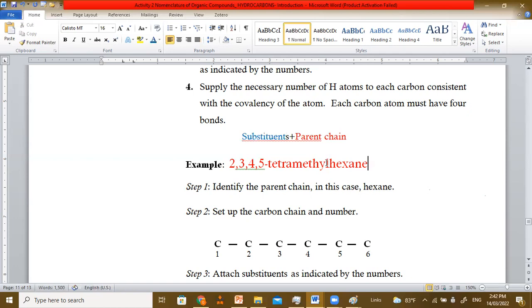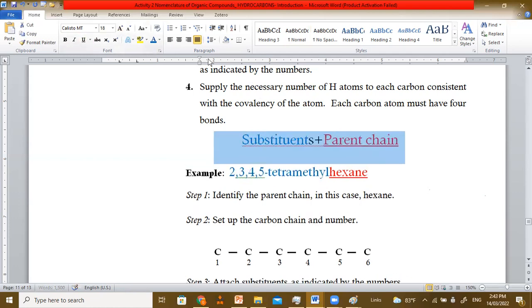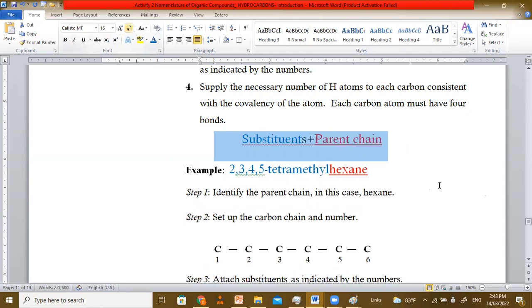Okay, so here, look at the last part. So this becomes our, underline this, parent chain. And what is not in the parent chain, that which is before the parent chain, is all your substituents. Okay, so in this case, we have here in the example, 2,3-tetramethylhexane.